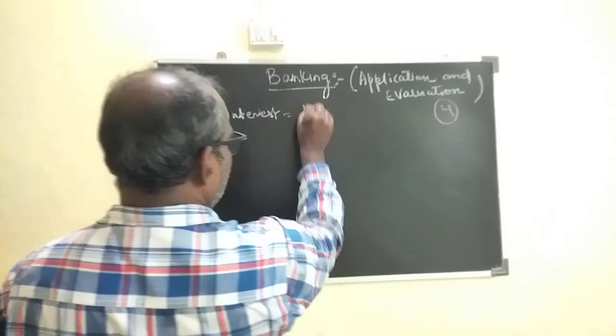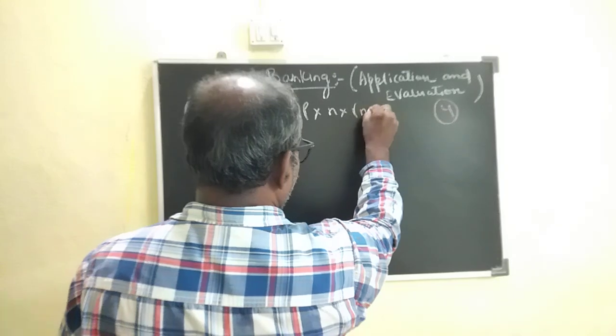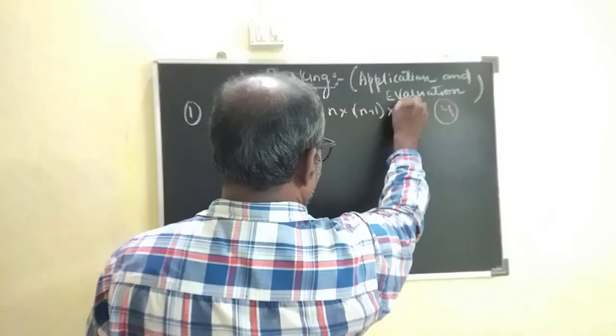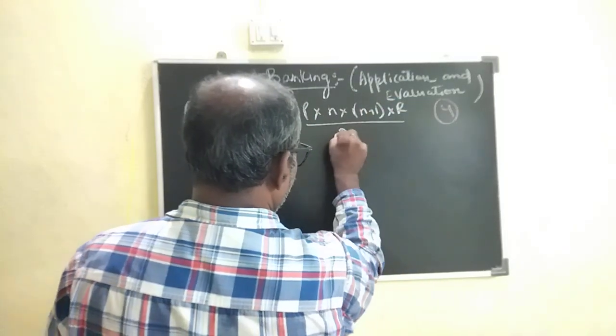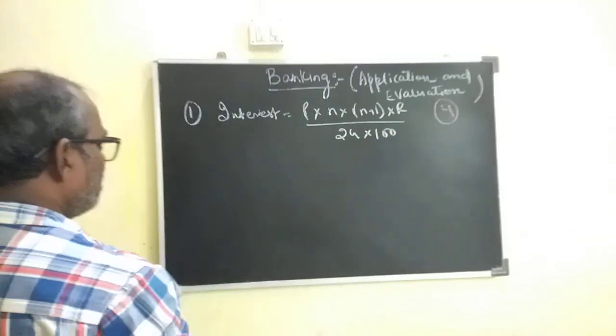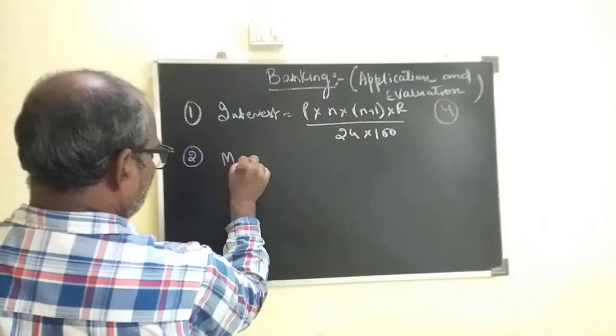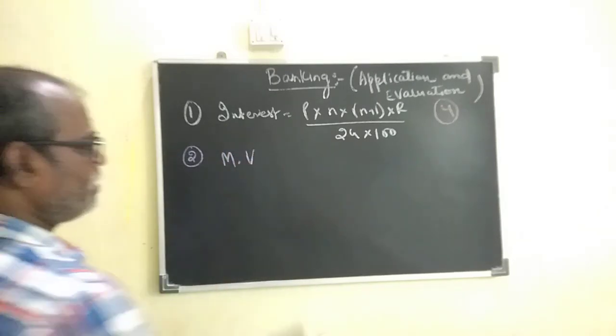Interest equals, we know the formula, P into N into bracket N plus 1 into R by 24 into 100. Another formula, number 2, is MV. MV is maturity value.